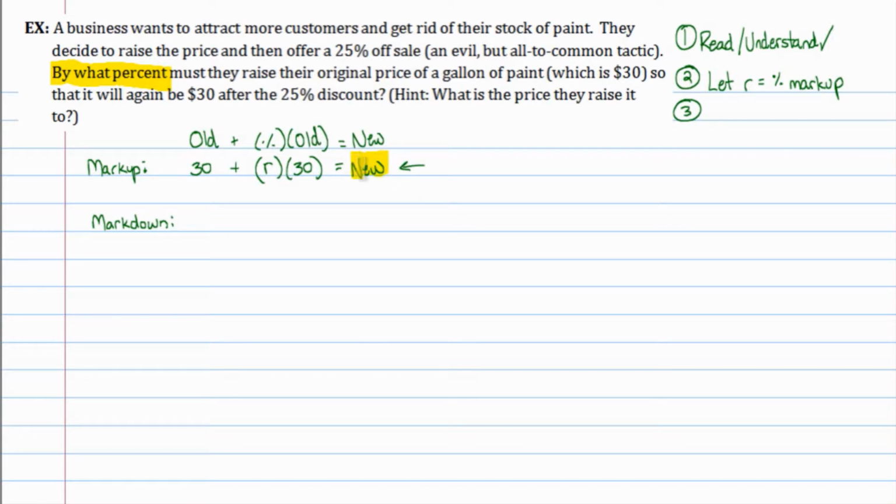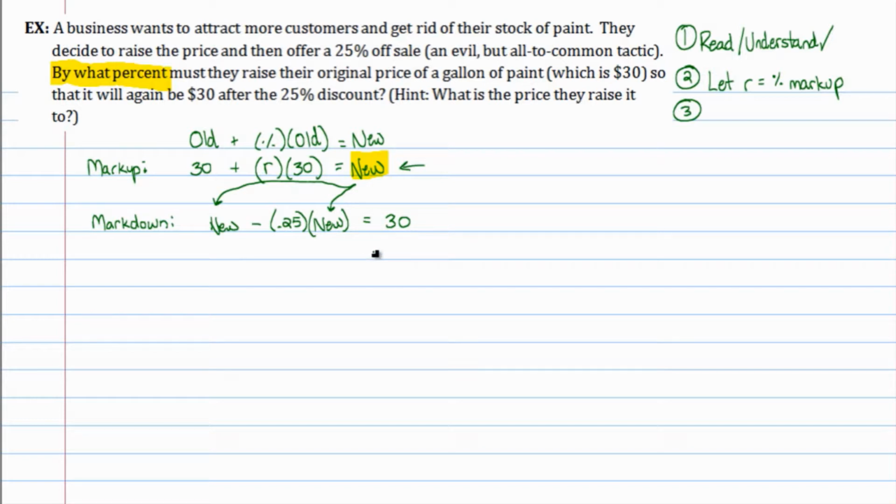So this new price, they're going to save that price for a day or two, and then they're going to say, hey, we're going to mark it down from this new price, right? So they're going to take that price and mark off a certain percentage, and they told us what percent they're going to mark off. They're going to mark off 25% of that price. And after that markdown, they want it to result in $30.